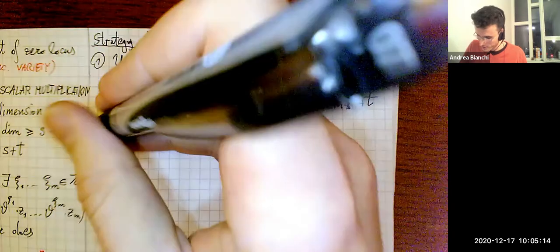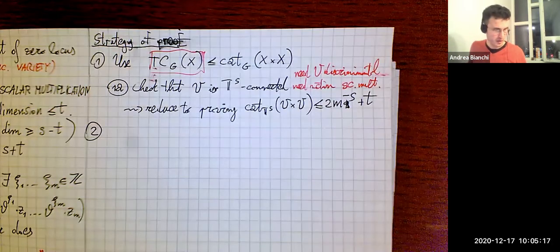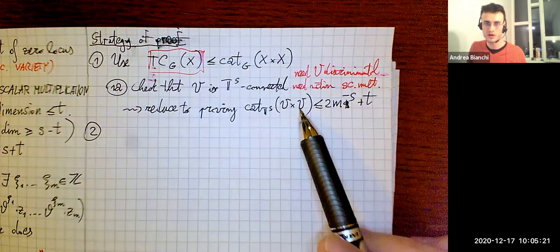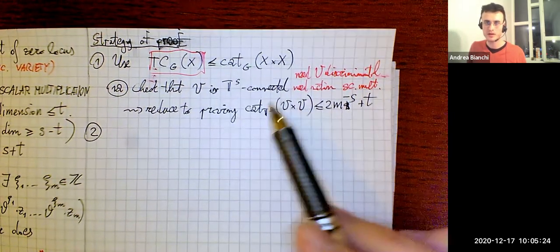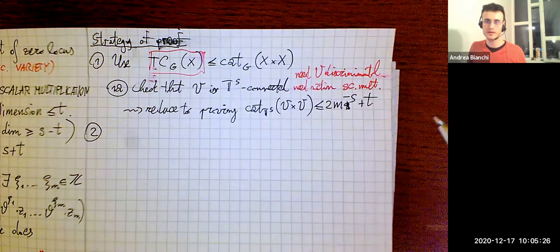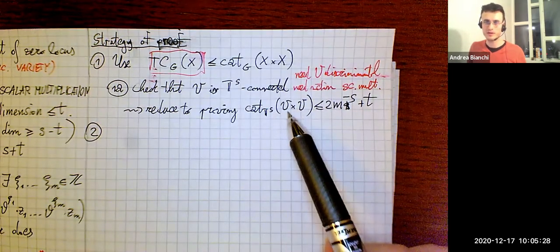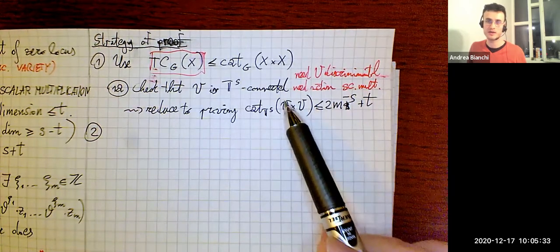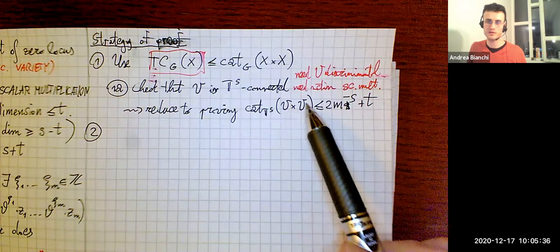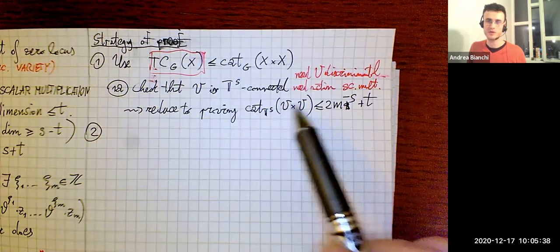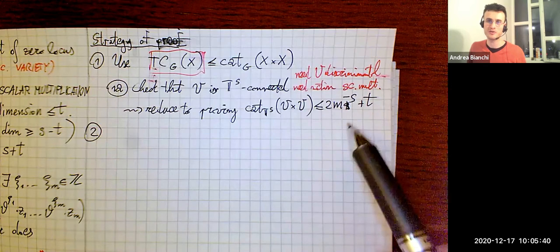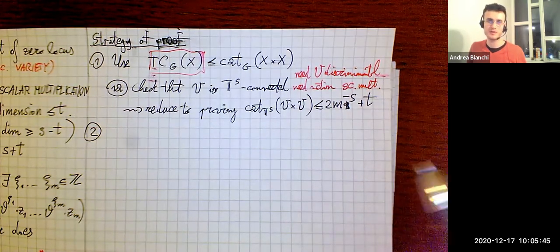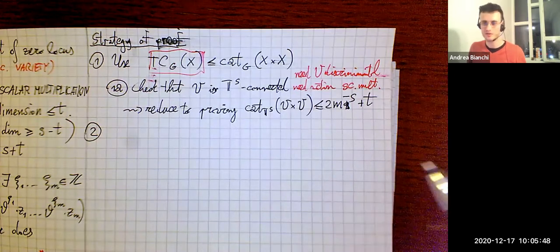Let me continue. Okay, now how are we going to prove that the equivariant Lusternik-Schnirelmann category of V times V is bounded by this? Well, in the classical case, you would try to find a homotopy equivalence of V times V with a CW complex of dimension at most this number. And here we do exactly the same thing, but with an equivariant, a G-CW complex.